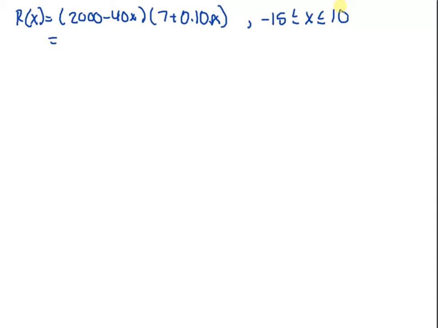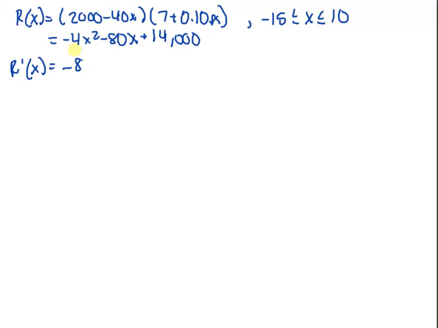All I did was rewrite the revenue formula. If we expand it, we get negative 4x squared minus 80x plus 14,000, and I'll let you expand that yourself. We're going to stick to increments of 10 cents, and look at when the revenue is at a maximum or a minimum.